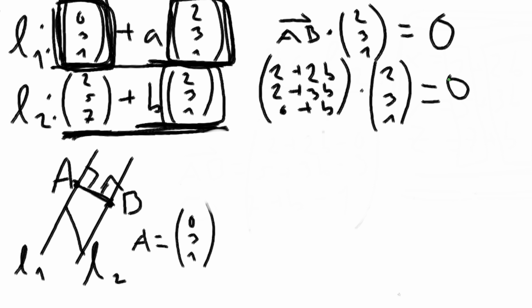So how do we do it? Well, dot product, again, is knowledge required before going into this topic. Dotting means multiplying the individual entries that correspond and adding them.